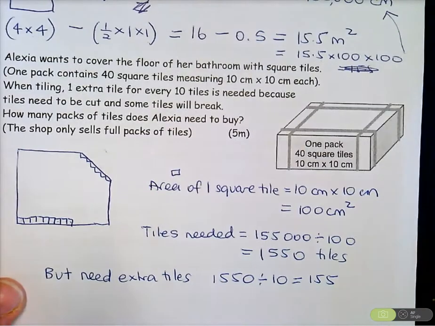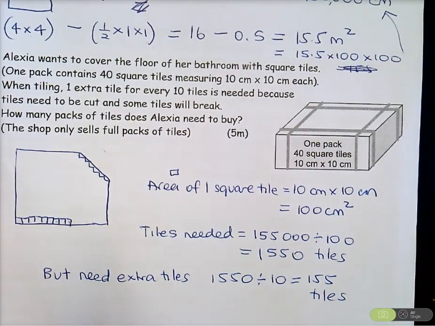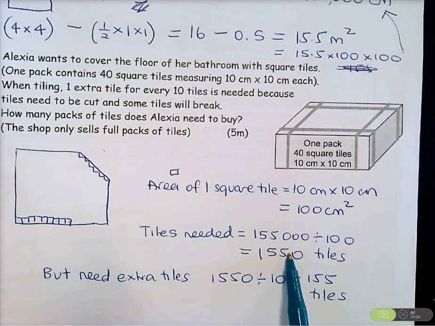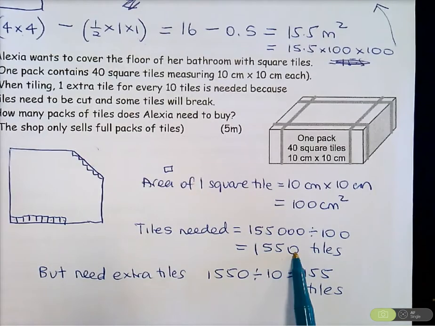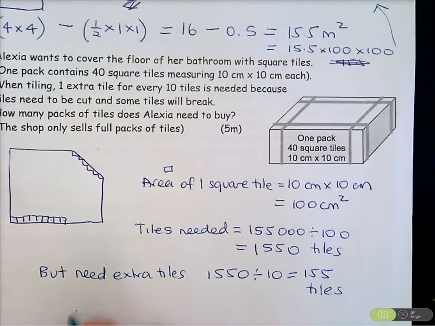You need an extra 155 tiles. Does that make sense? That's exactly how many tiles you'd use if none of them broke. But they're saying you need to buy an extra 1 for every 10 tiles that you need. So if I divide this by 10, I get 155 tiles, so I need an extra 155 tiles.